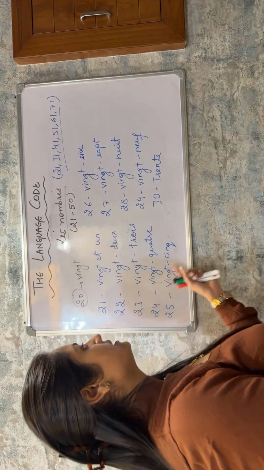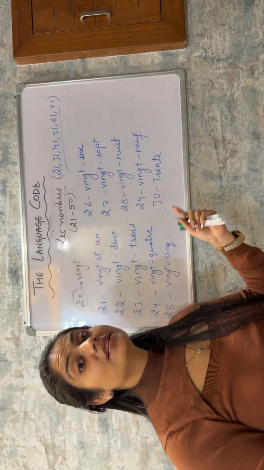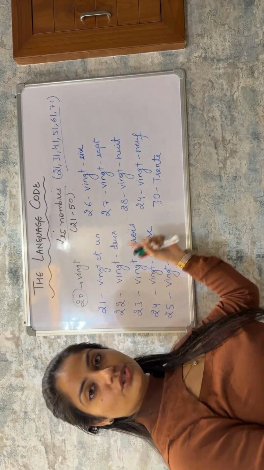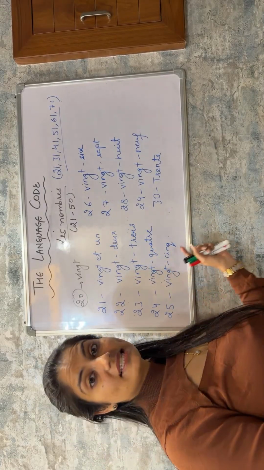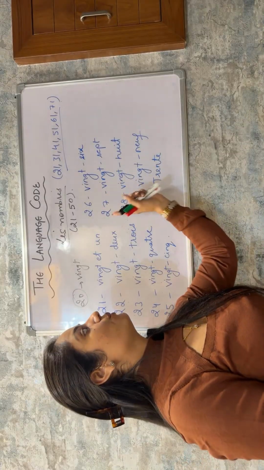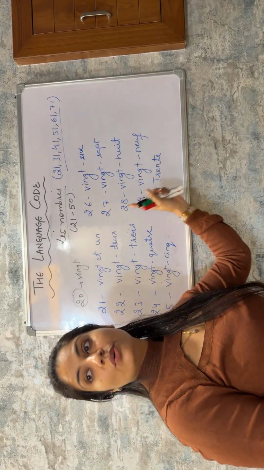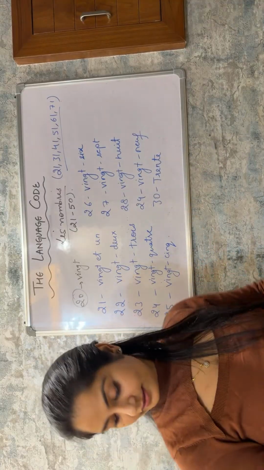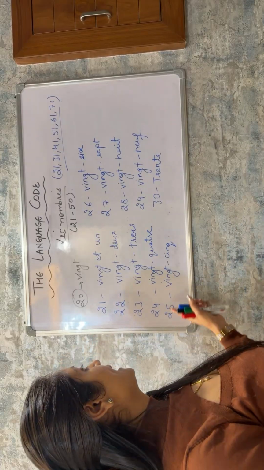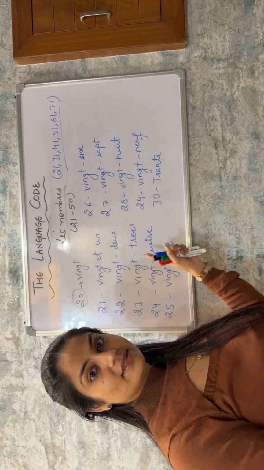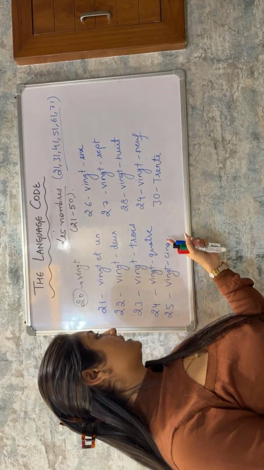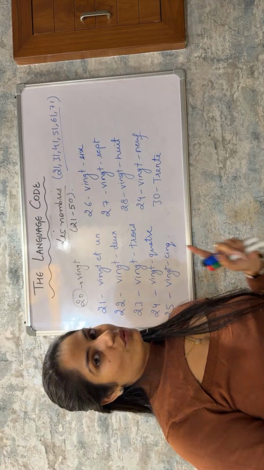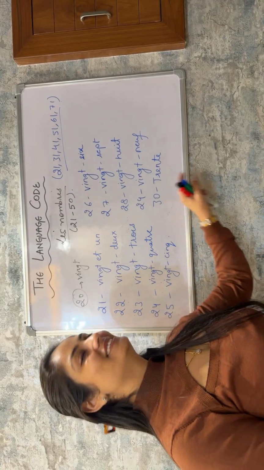The alphabets are English, but the pronunciation is very different from English, right? Let's repeat again: 21, 22, 23, 24, 25, 26, 27, 28, 29 et 30.